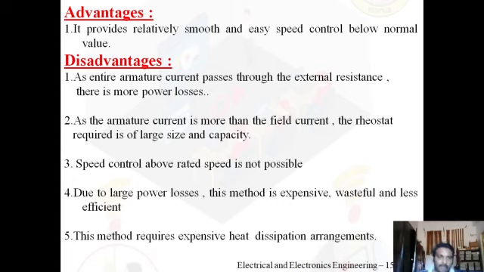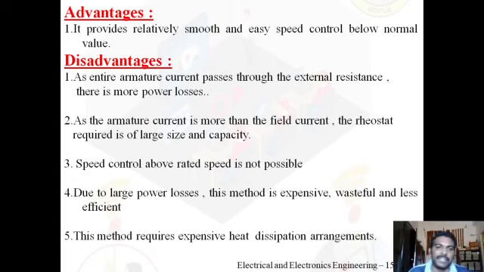The second one: as the armature current is more than the field current, the rheostat required is of large size and capacity. Whatever rheostat we place in the armature circuit should be larger in size, and its current handling capacity should be more.